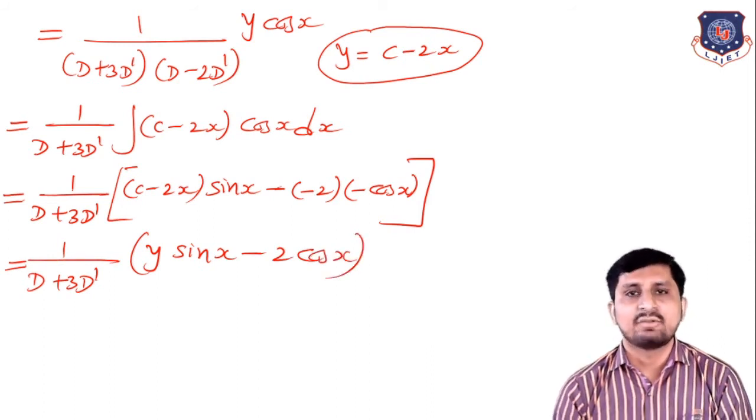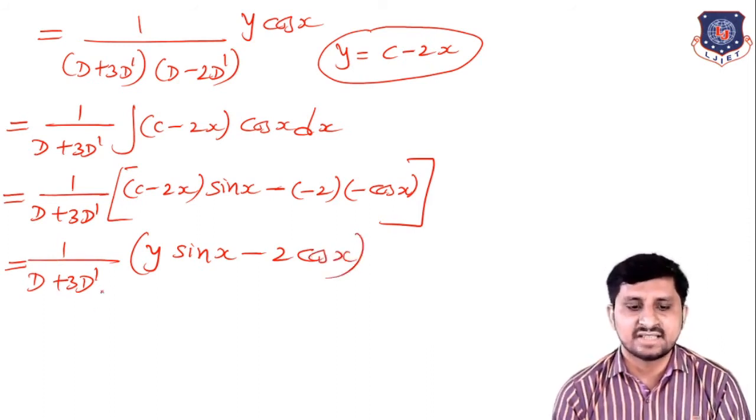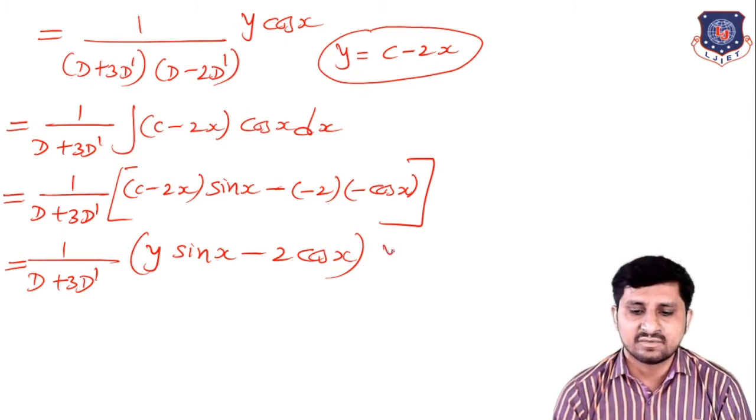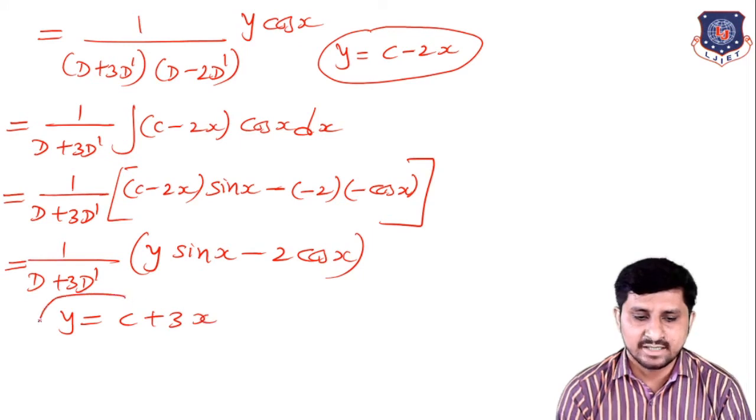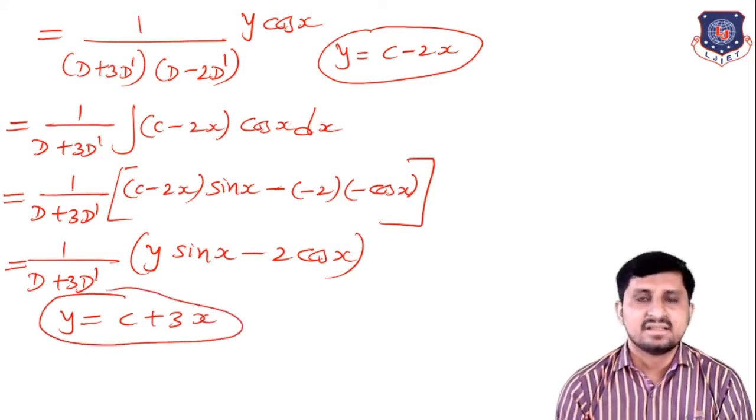Okay, now I want to operate 1 upon (D plus 3D'), so that's why I replace y by c. I write here on the next line. So replace y, that is equal to c plus 3x. Okay, replace y by c plus 3x.